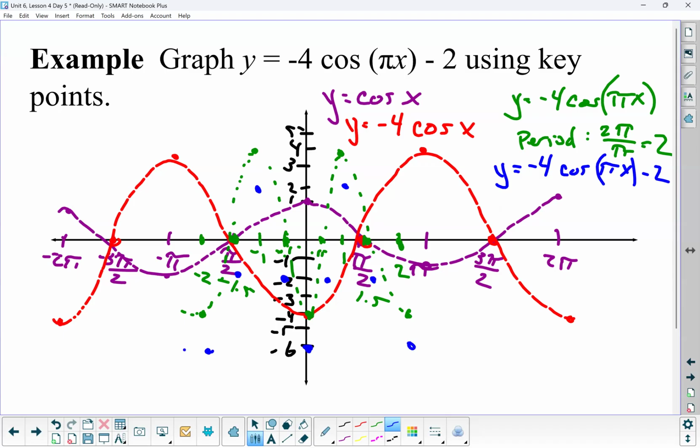So our graph ends up, if I can do a better job here, looking like that. So again, just taking the time to look at each piece and build from the original function to get to the final product.